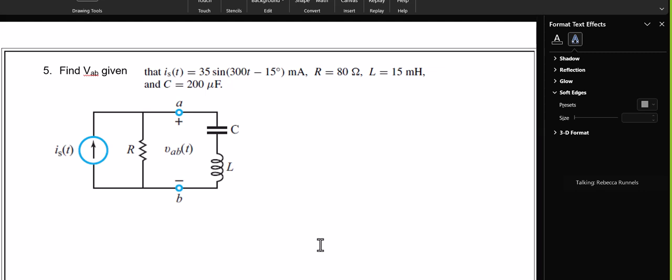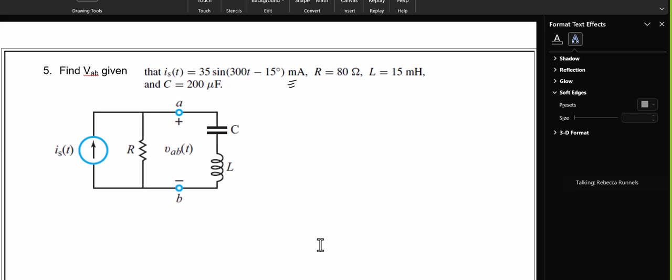It's not power, it's just using complex circuit analysis. So find VAB given that IS of t is 35 sine 300 t minus 15 milliamps. That's milliamps. Don't forget that, because I will. R is 80 ohms, L is 15 millihenries, and capacitance is 200 microfarads.